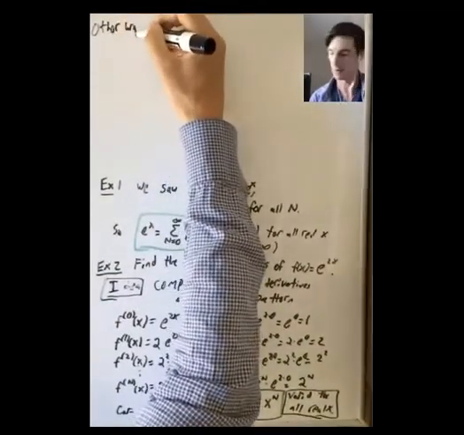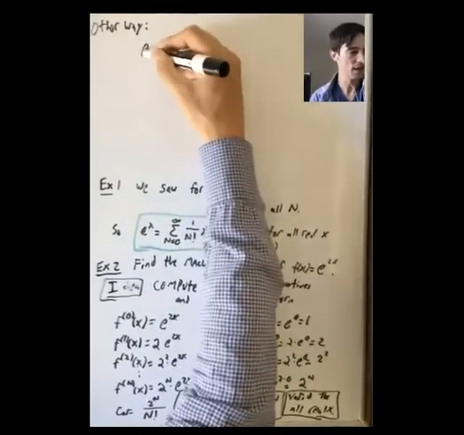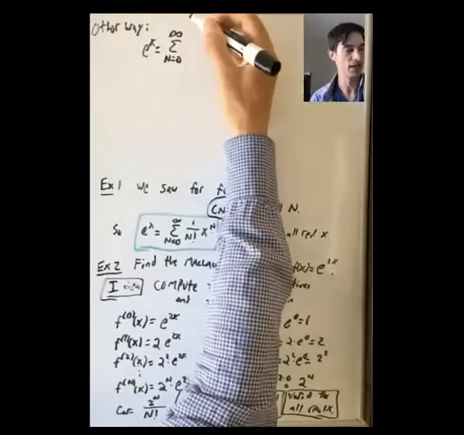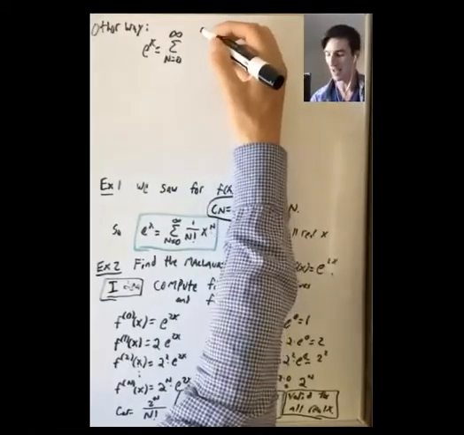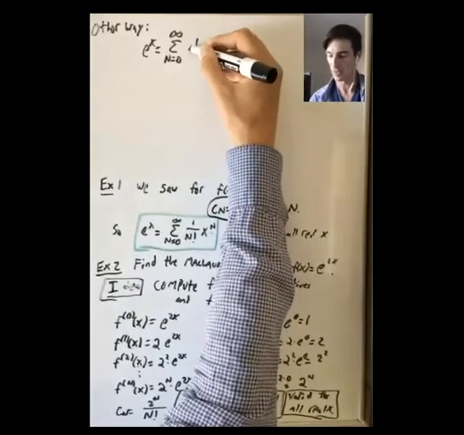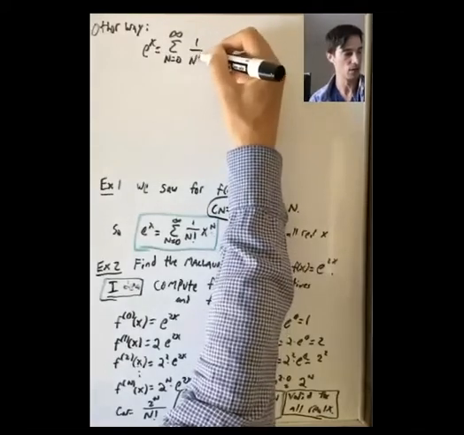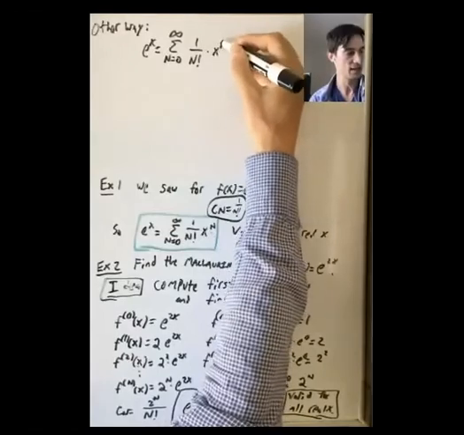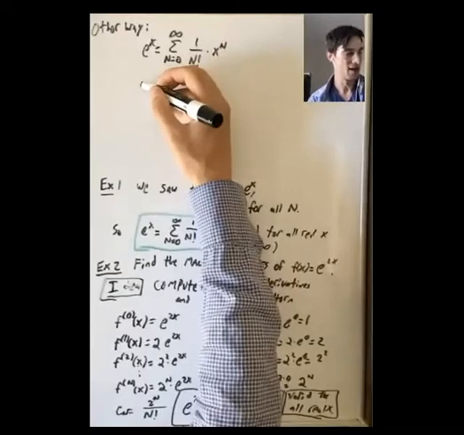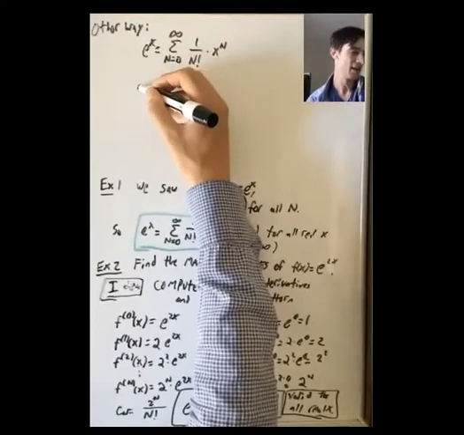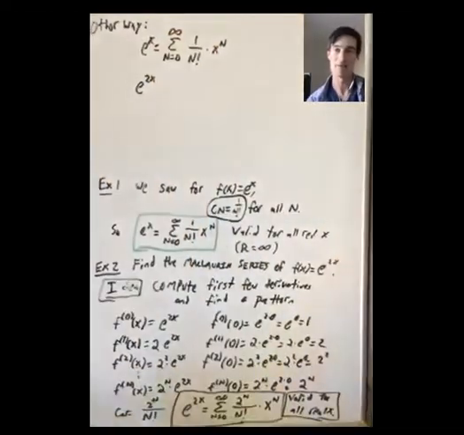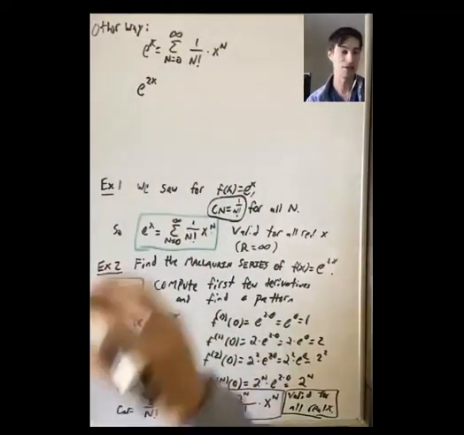So other way. So we have e to the x equals sum n equals 0 to infinity of 1 over n factorial times x to the n. So let's say, what happens if you plug in 2x for x? Everywhere you see an x, instead put in 2x.